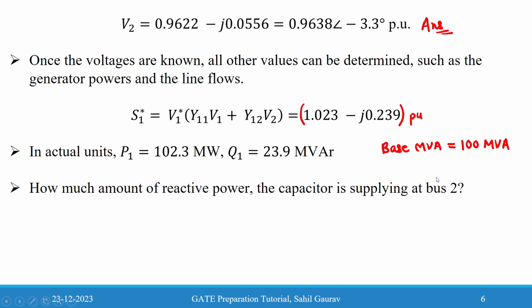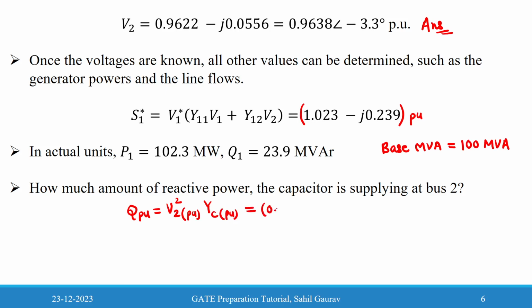So here I have put one problem: how much reactive power is the capacitor supplying at bus 2? Because we know the voltage at bus 2, you can directly find the amount of reactive power it is supplying. Q per unit is V2 per unit squared into the capacitor admittance per unit.